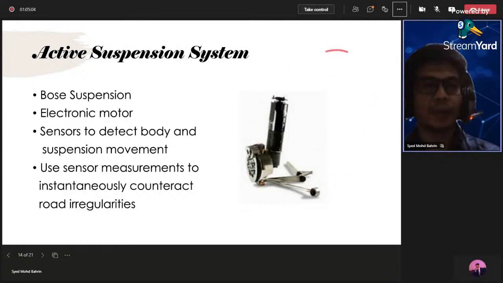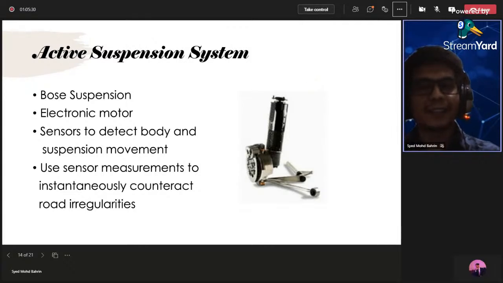One is the electromagnetic actuator, or electromagnetic motor, which is controlled by a power amplifier. It requires a lot of sensors connected to the body and also the wheel of the vehicle. These sensors will detect the motion or relative motion between the wheel and the body of the vehicle.